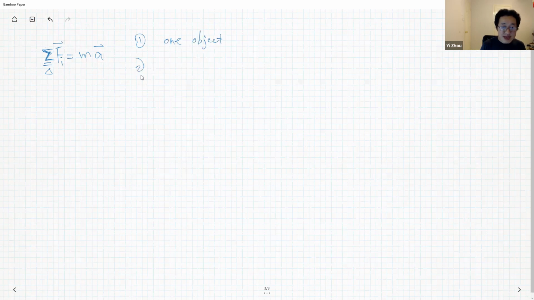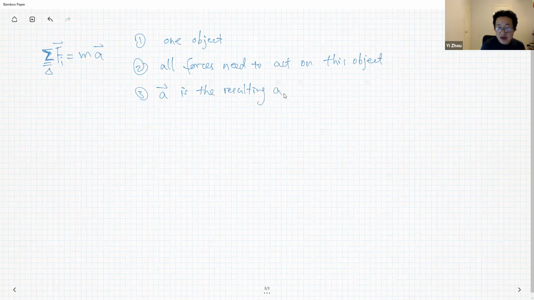Second, the forces need to act on this object. Third, the acceleration is the resulting acceleration of all the forces.